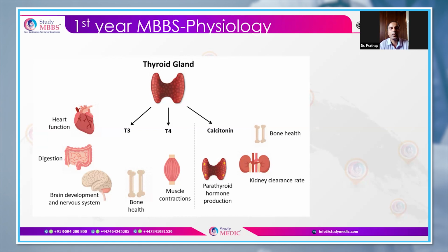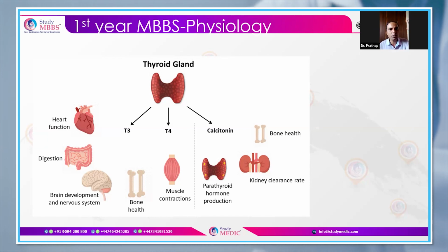Now, other than thyroid hormones, there is another hormone I already told you. The parafollicular cell produces something called calcitonin. Calcitonin helps in calcium homeostasis, that is, maintenance of the normal blood calcium level. There is one more gland by the side of the thyroid, two pairs of glands called the parathyroid glands, that produce parathyroid hormone, also called parathormone.